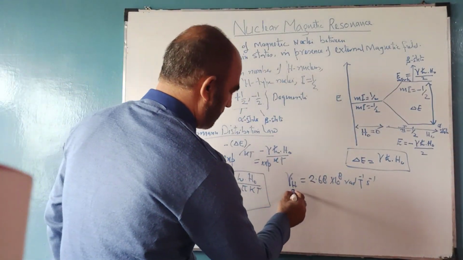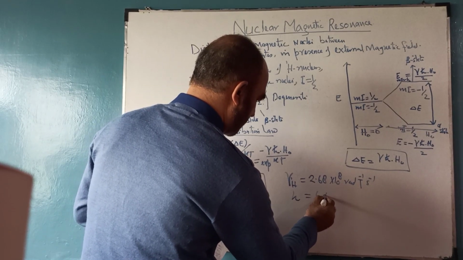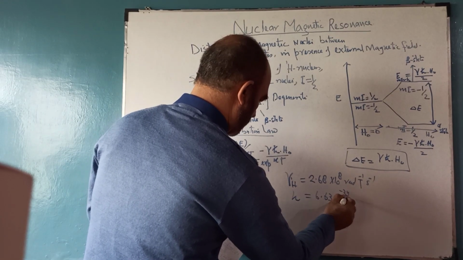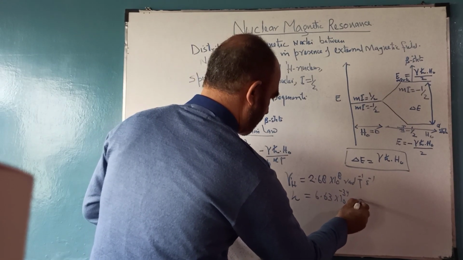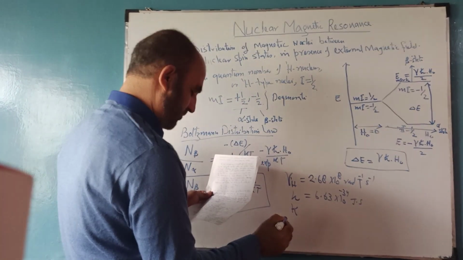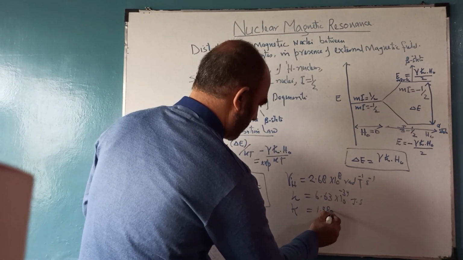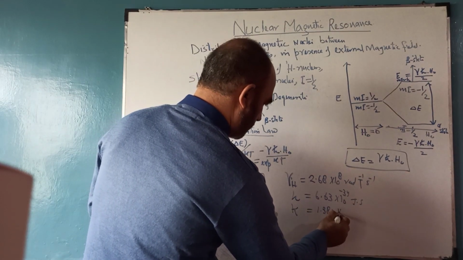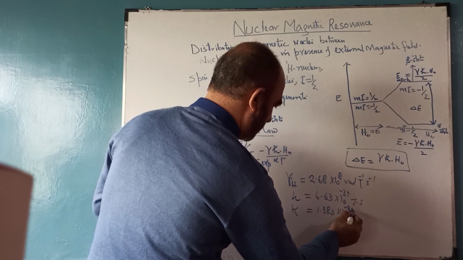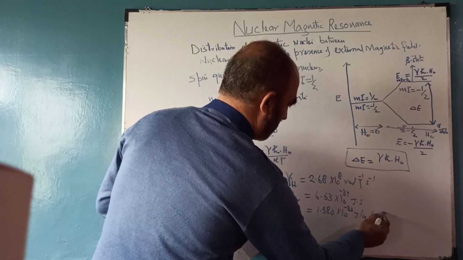The next, Planck's constant, we know the value is 6.63 into 10 raised to power minus 34 joule second, and the Boltzmann's constant K value is 1.380 into 10 raised to power minus 23 joules per Kelvin per molecule.